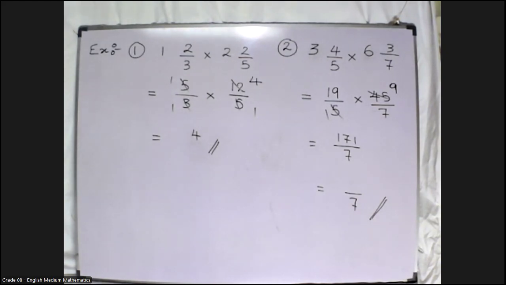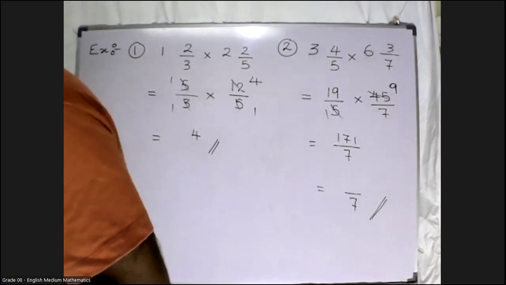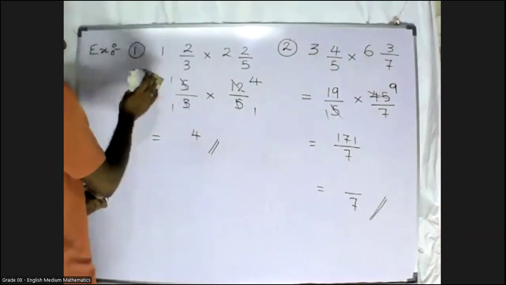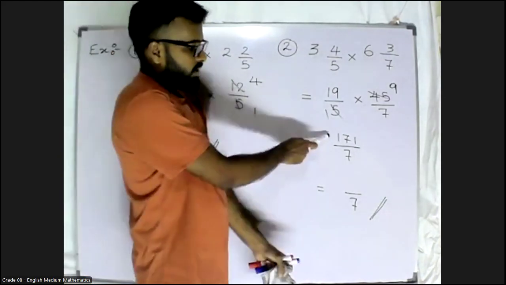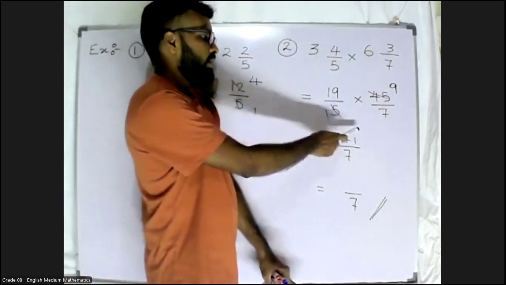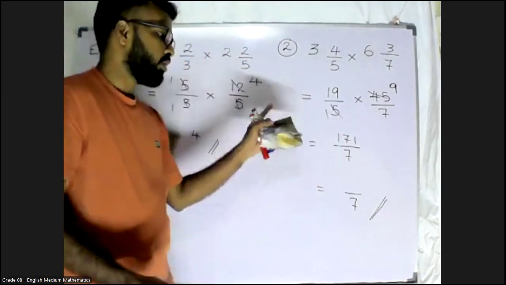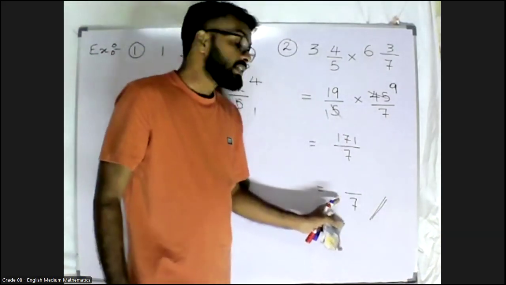I will do that. So 171 divided by 7. You are going to convert it into a mixed number.